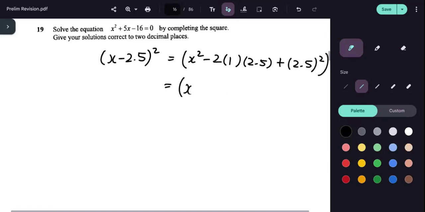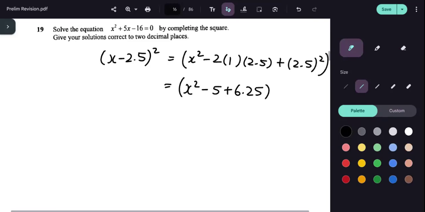So it's just x square minus 5x plus 2.5 square, 6.25, like that. Then how do you get minus 16?